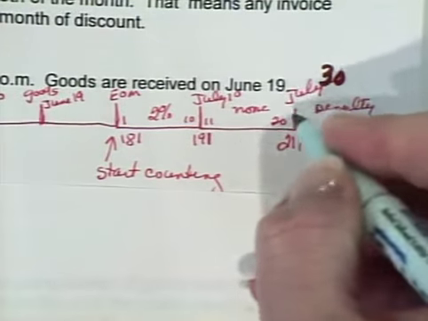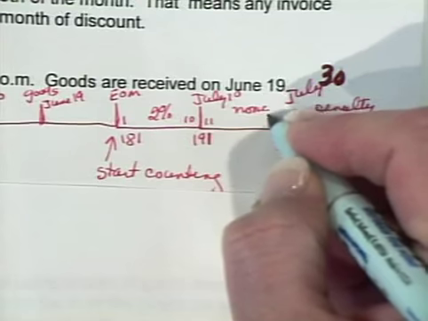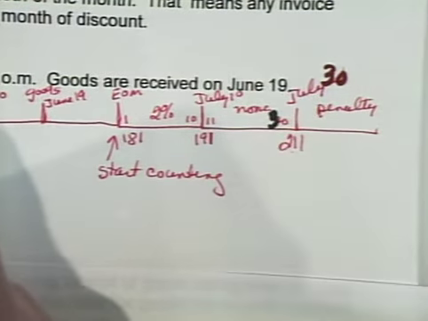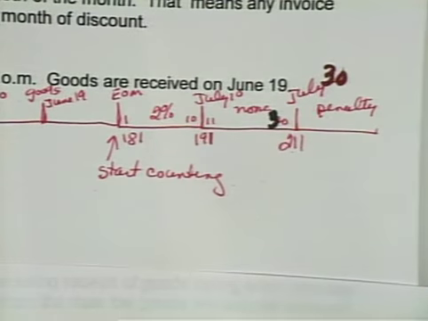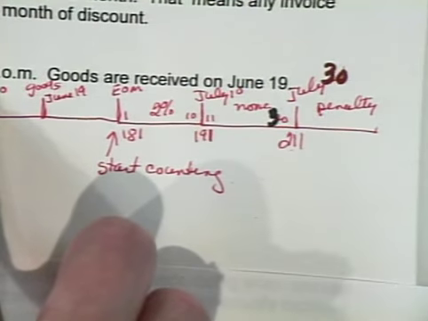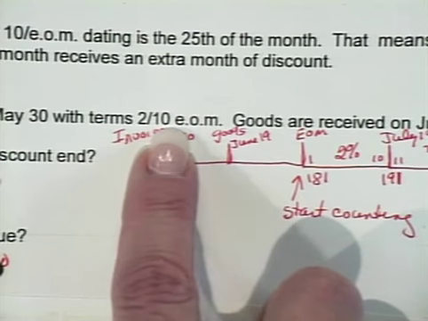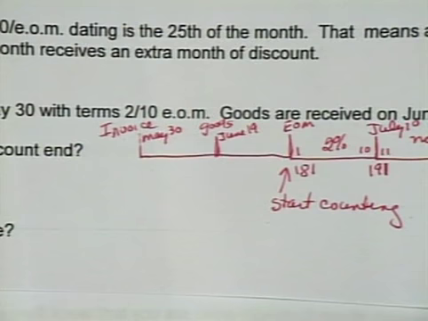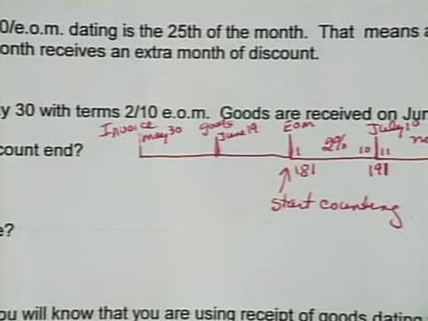Or is it 20 days from July 10th? It's 20 days. That's what I'm saying. I did that one wrong. Okay. 2% discount for 10 days and a 20-day period after that for the net to be due. Is that all right? Okay.